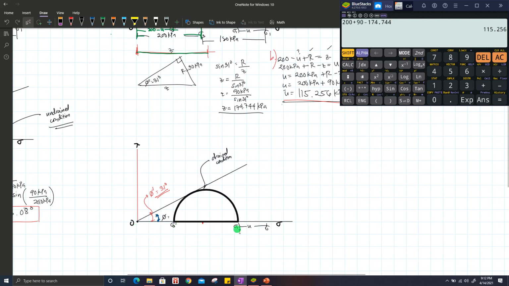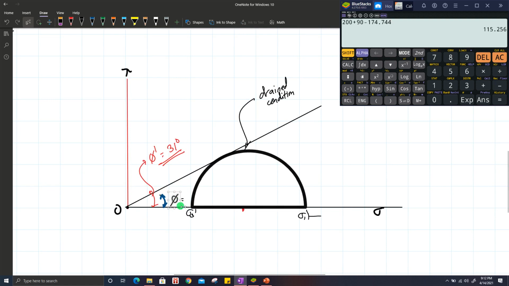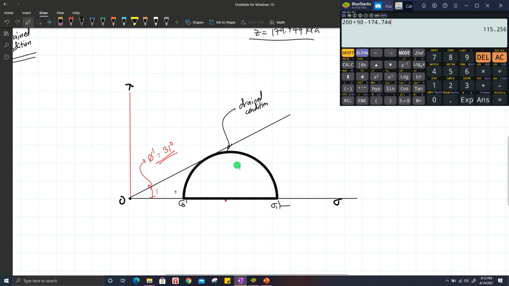Ito itong mga given na iba. Okay, so yun. So, given naman yung ating angle of internal friction at drain condition. So, syempre, yung kanyang deviator stress, same pa din. Yung diameter. So, yun lang.